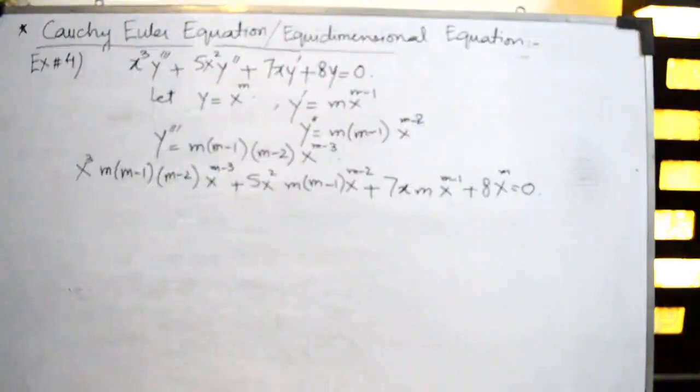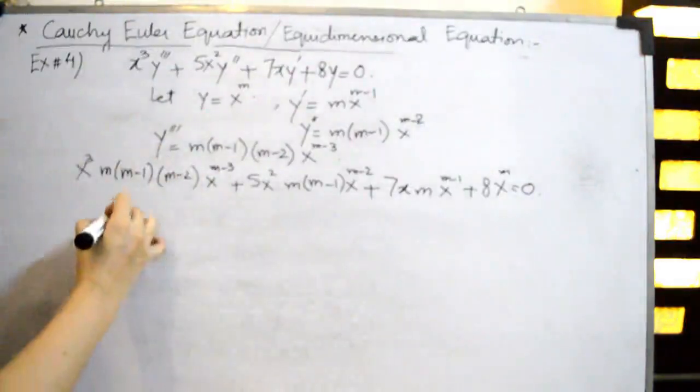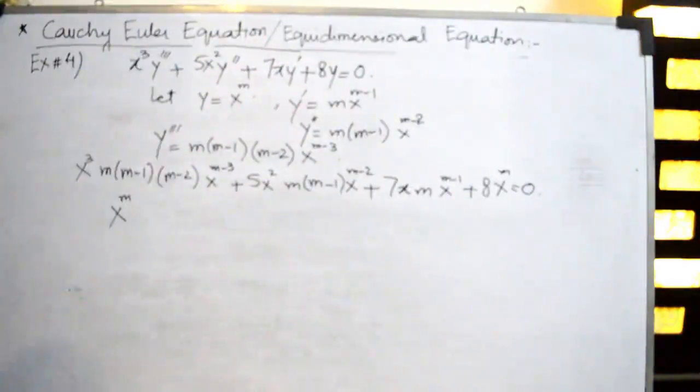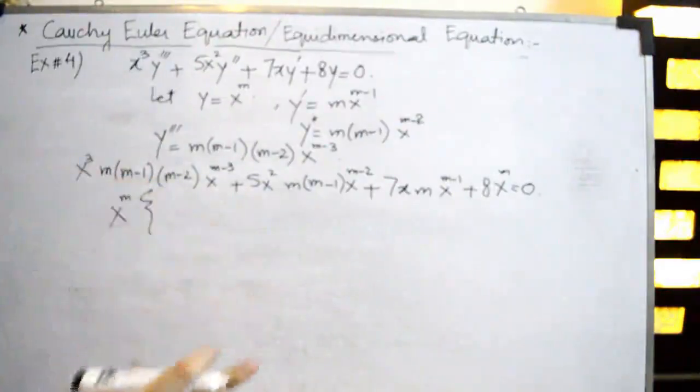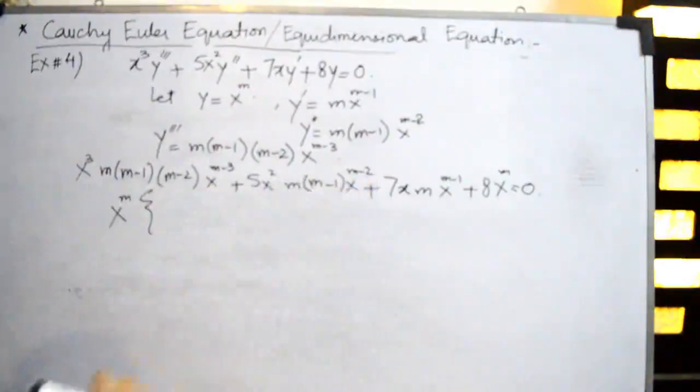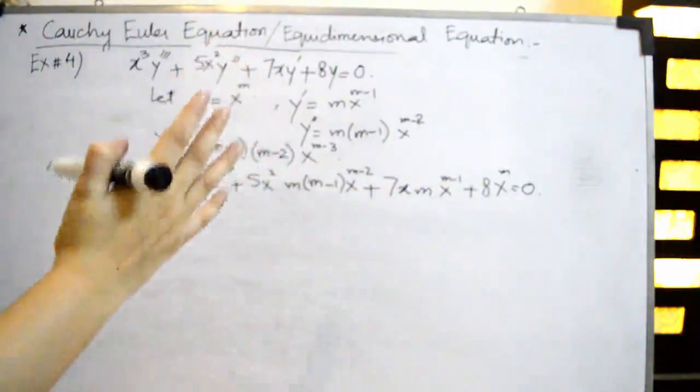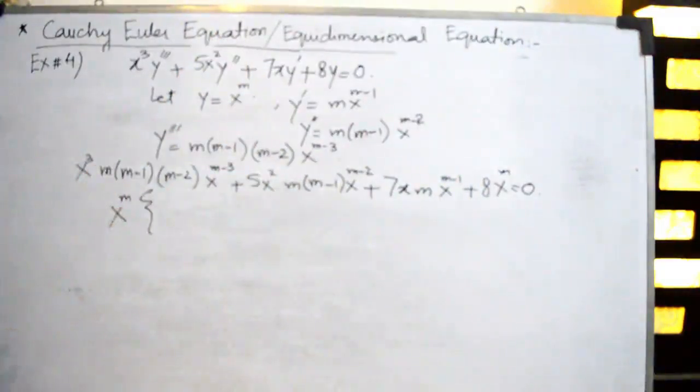Now I can see that 3 and minus 3 get cancelled, 2 and minus 2 get cancelled, 1 and minus 1 get cancelled, and x to the power m is common.